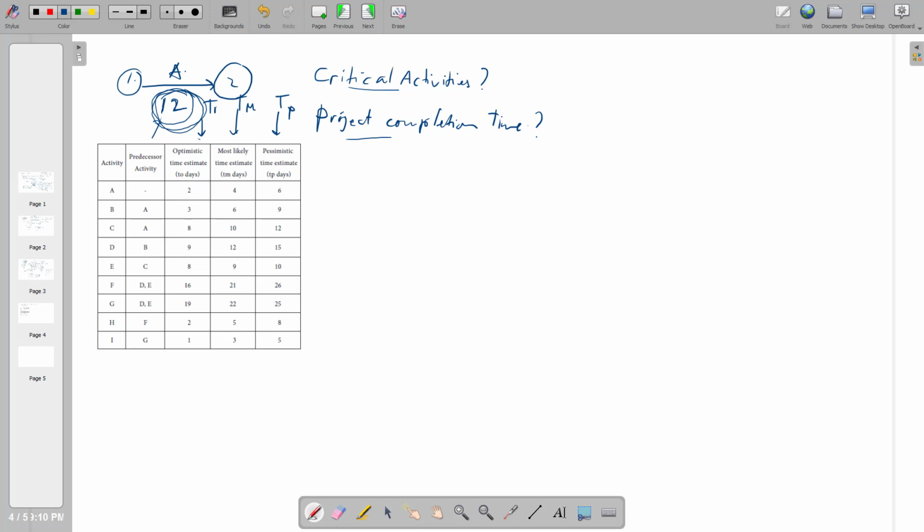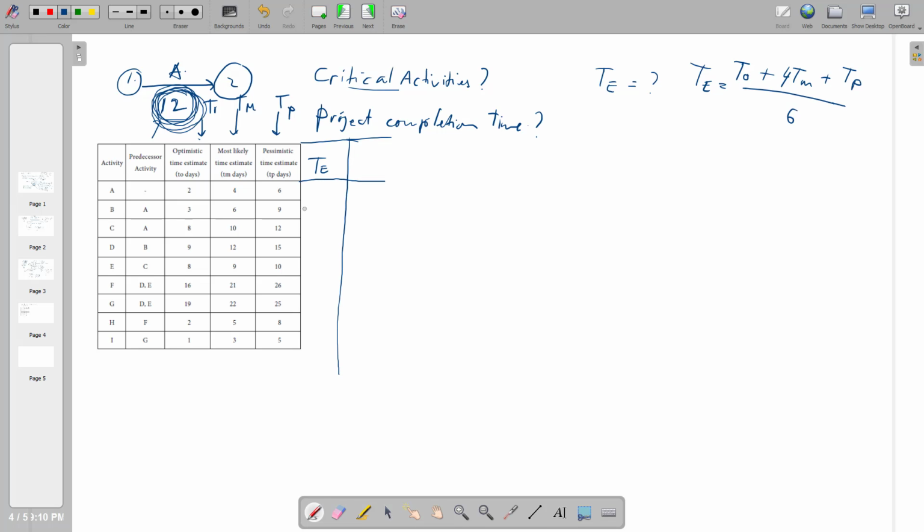No, you are just putting one. So what is this actually? This is what we call the time estimate, the TE. So again, what is the TE? TE, we calculate as optimistic plus four times most likely plus pessimistic, divided by 6. So you add one more column over here on the right side.